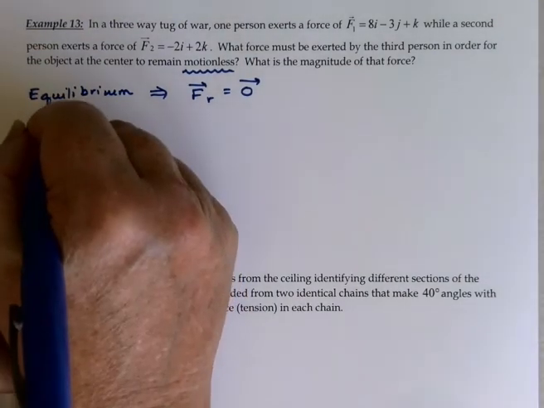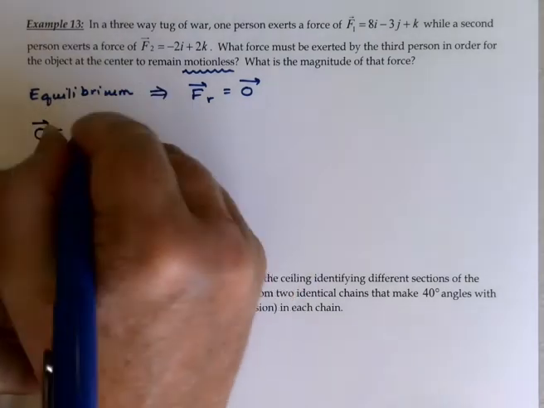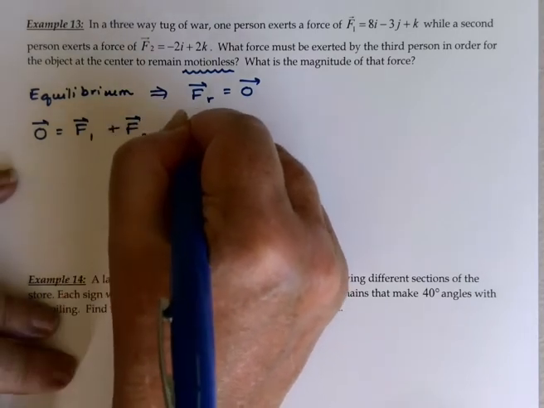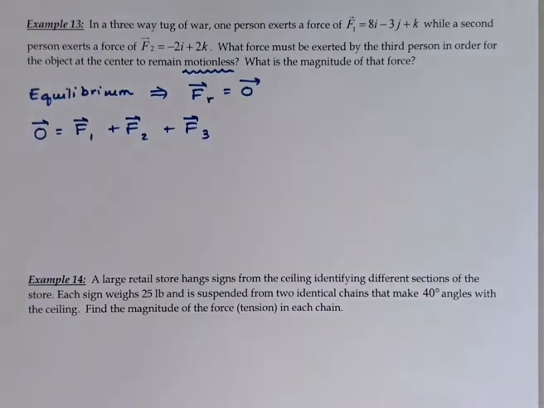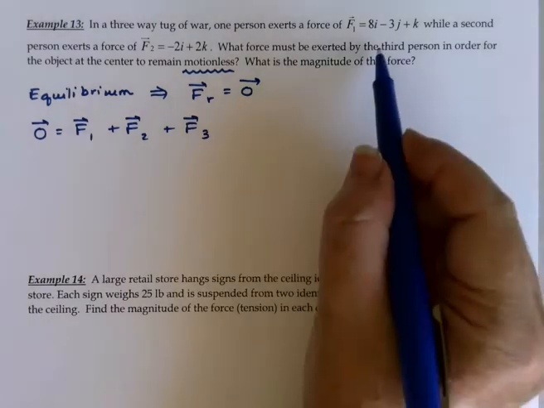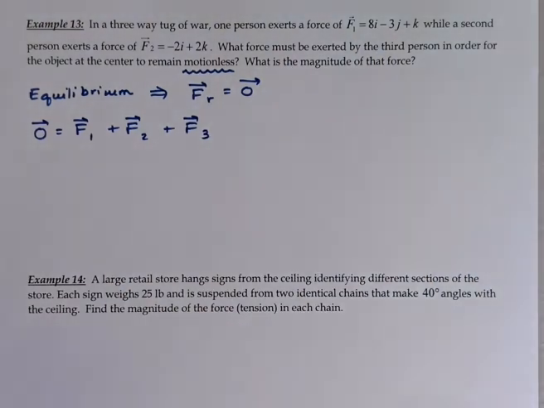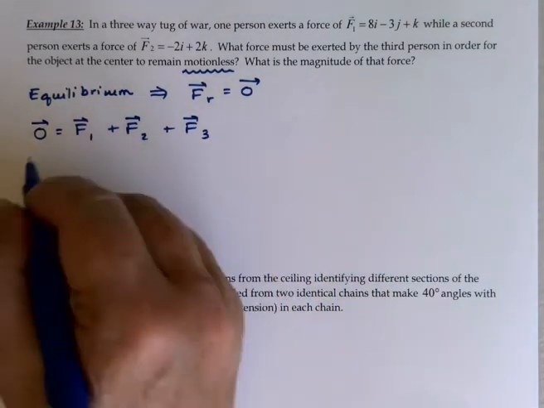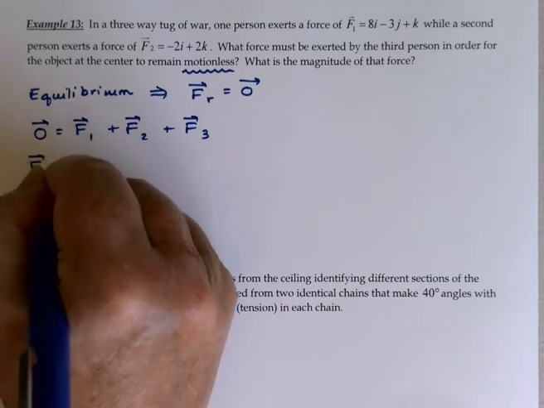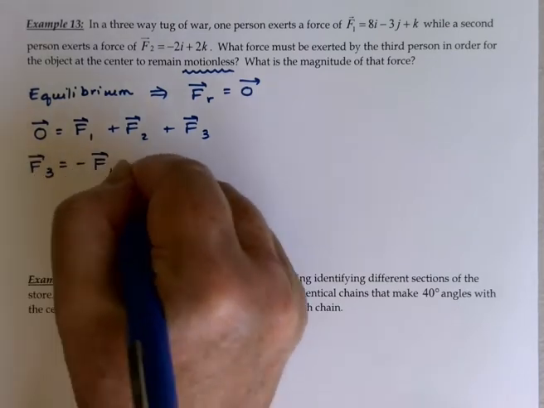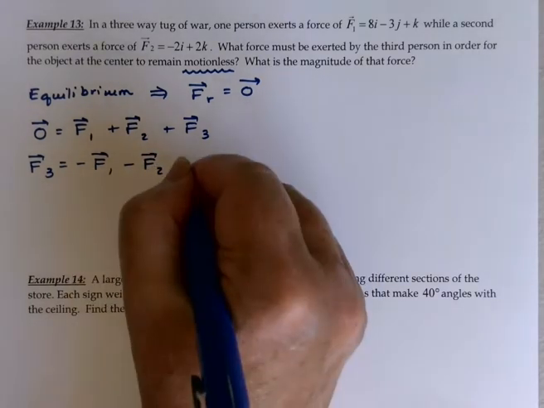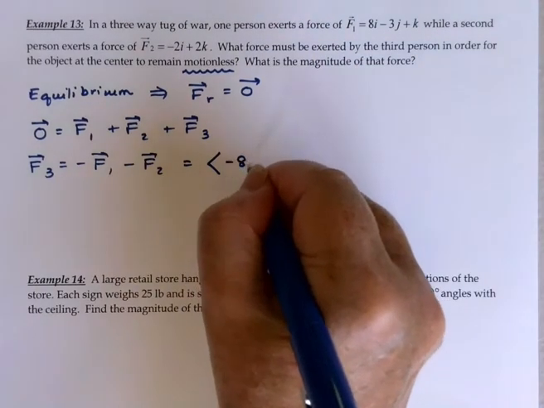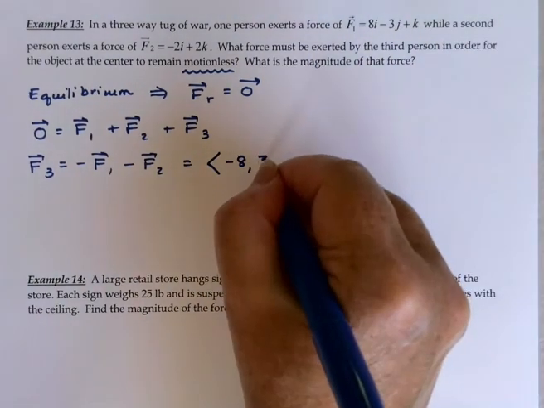So, zero is the sum of all three forces. I know F1 and F2, so in fact if I went ahead and just did my subtraction ahead of time, notice that F3 would be minus F1 minus F2. Which would be -8, +3, -1.